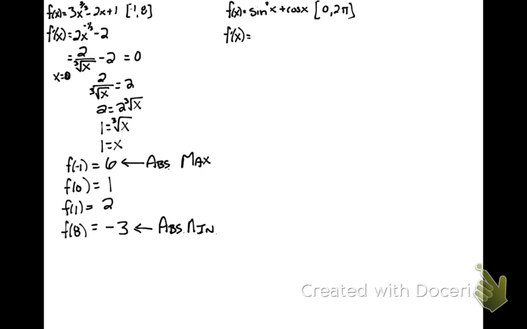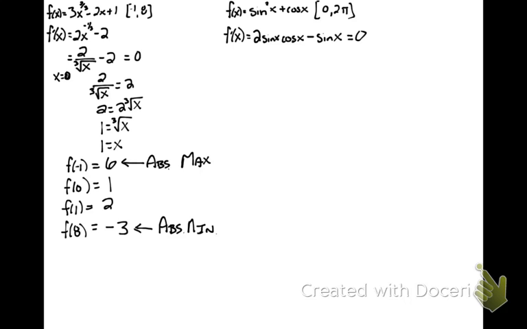The derivative of sine squared x would be 2 sine x times cosine x using the chain rule, and the derivative of cosine x is negative sine x. This will always be defined, but we need to figure out when it equals 0.